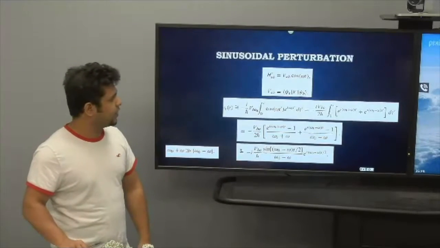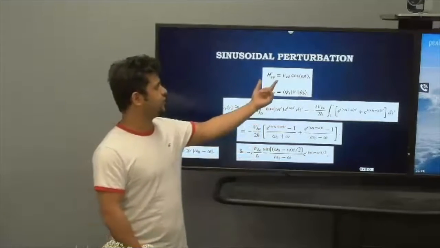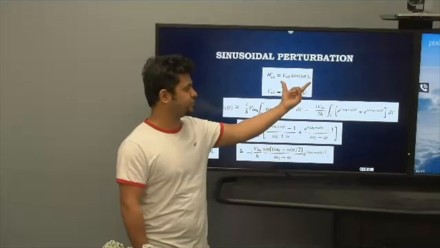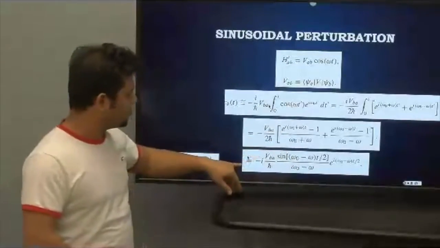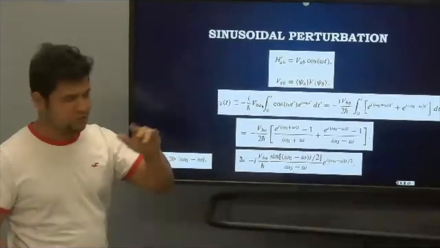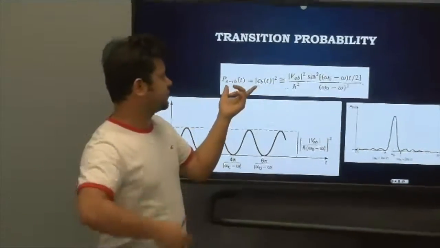For example, I'm putting only one example here, for sinusoidal perturbations. If we consider these periodic perturbations and solve these equations, we get a transition from the first state to the second state.